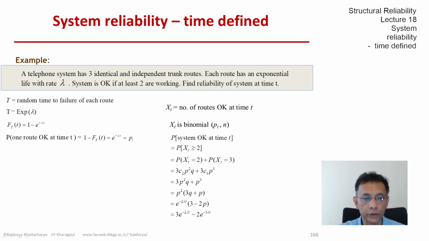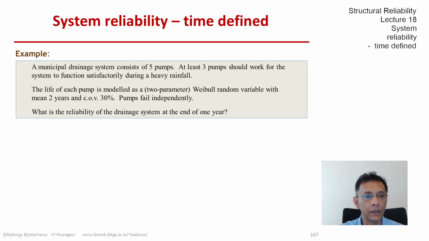The next problem is not an exponentially distributed element time to failure. It now has Weibull distributed time to failure. So let's take a minute again to read the problem, and then we will solve it step by step. If you would like to solve it yourself, please pause the video.